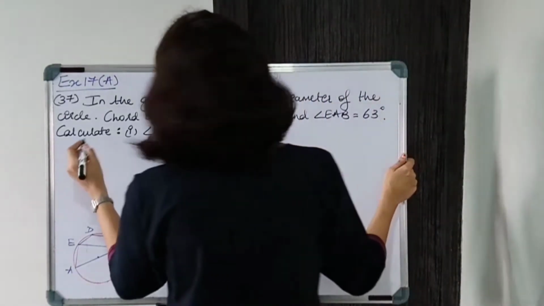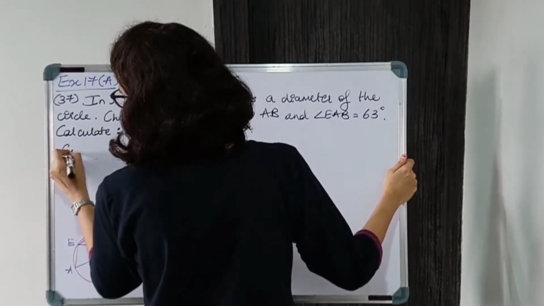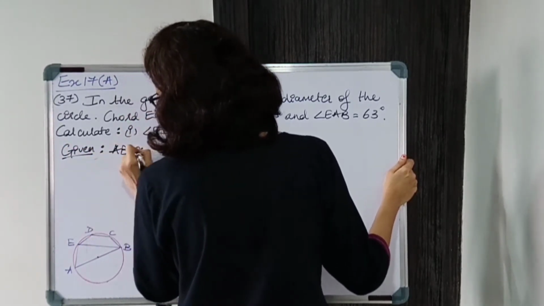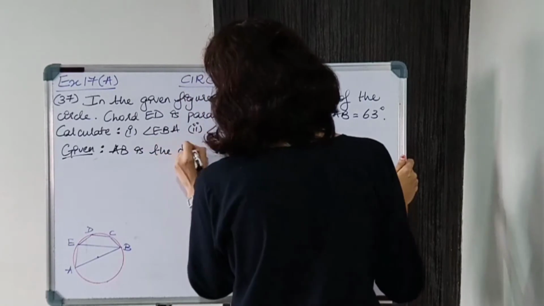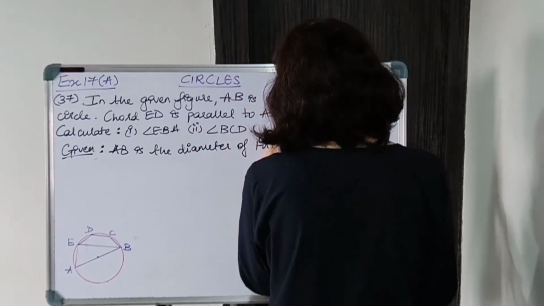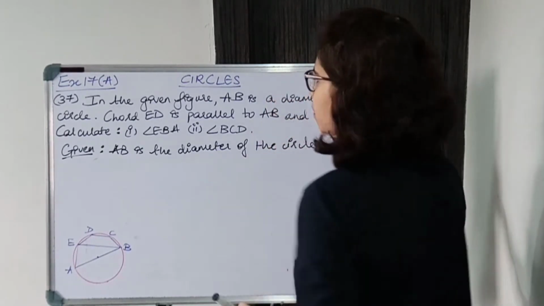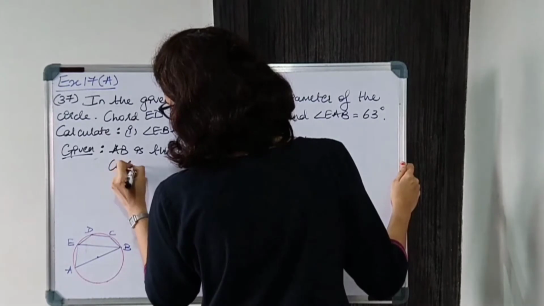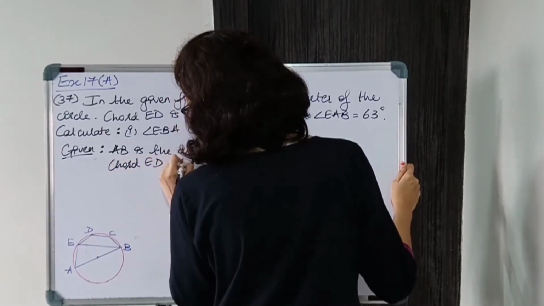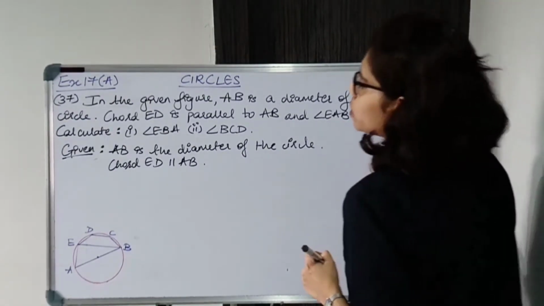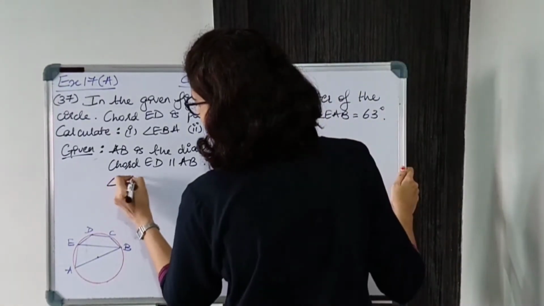So given में first thing is AB is the diameter of the circle. Chord ED is parallel to AB. Okay, and angle EAB is equal to 63 degrees.